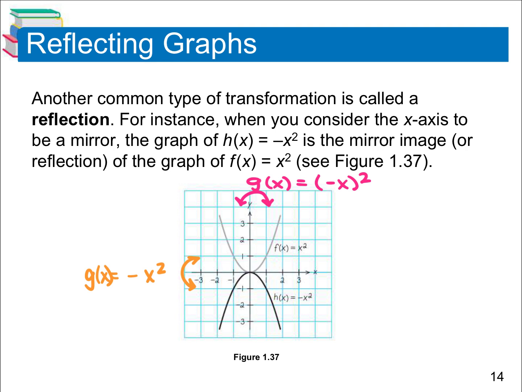So vertically happens outside, in front, horizontally happens inside, in front of the x. If you're reflecting across the x-axis, it's going to be the negative x squared, that's in orange. And if you're reflecting across the y-axis, it's going to be parentheses negative x, close parentheses squared, like in the pink.